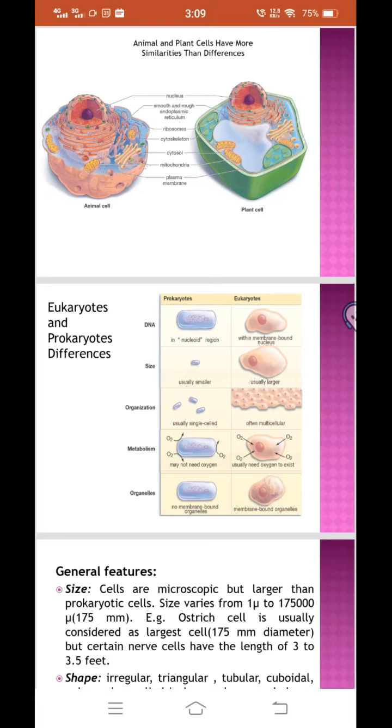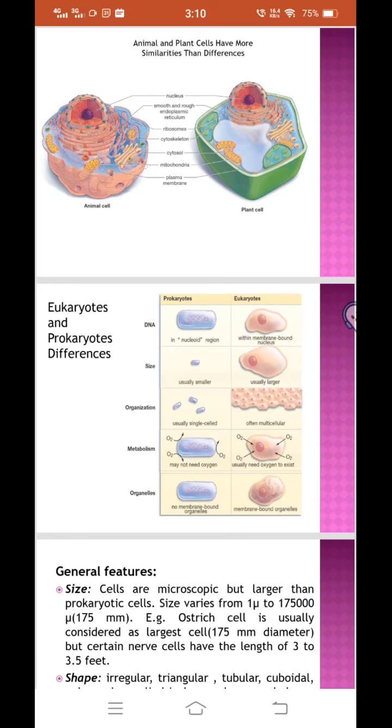Okay. Now next we have the organization. These prokaryotic cells are singly organized cells, or we can say that they are single cell organisms, and these eukaryotic cells are multicellular organisms. Okay, that is, eukaryotes contain a large number of cells, more than one cell.